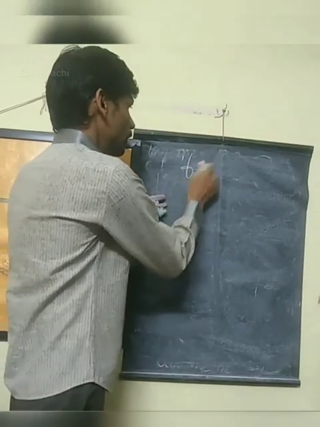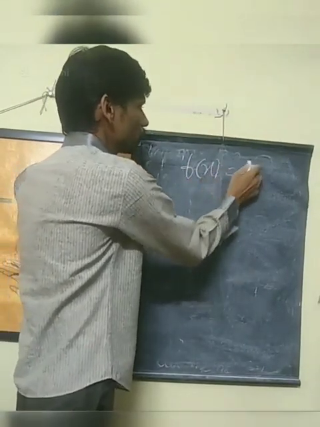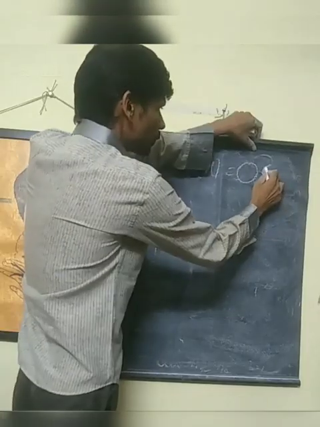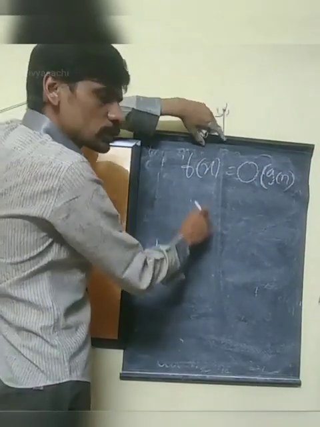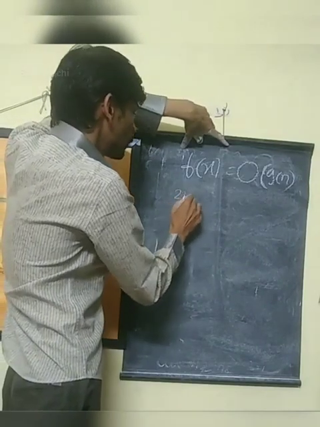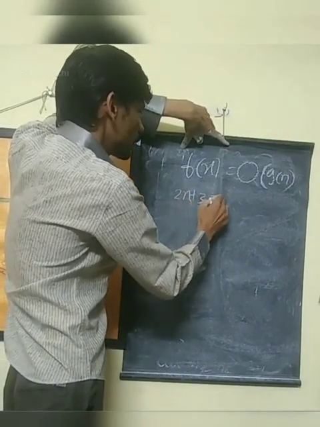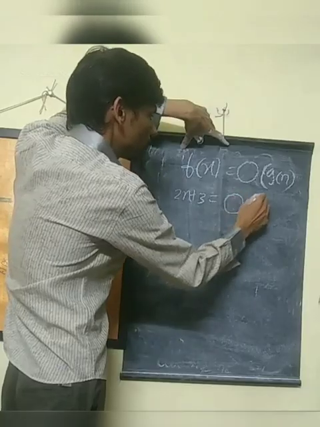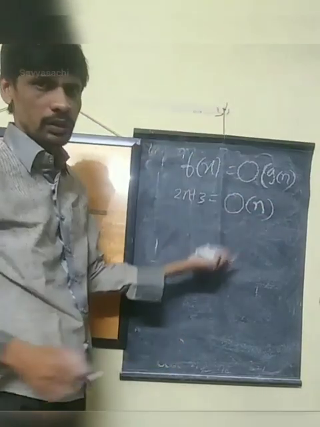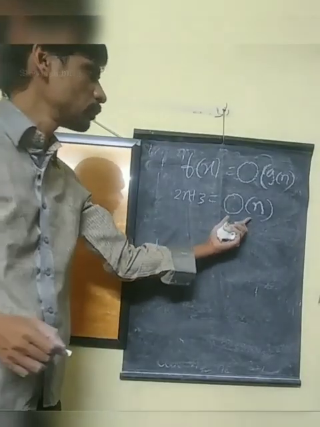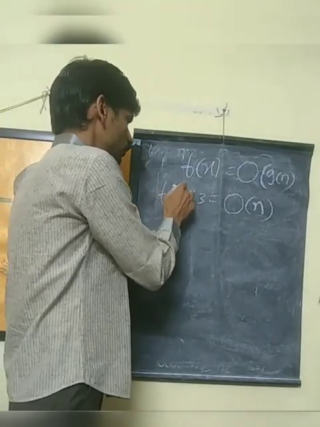So f of x equals big O of g of n, right? In this case, my f of x is 2n plus 3, which equals big O of n. This is the big O for this f of x.